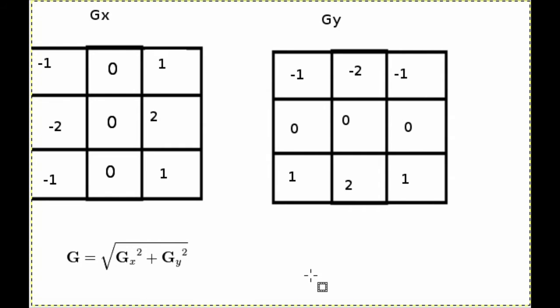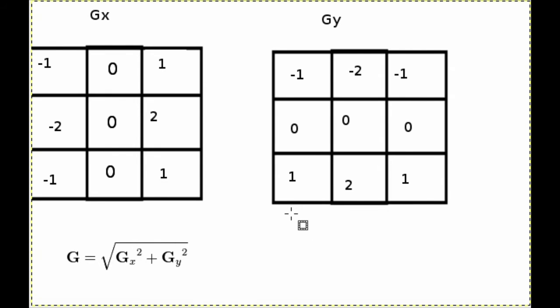Now, when I say intensities, it isn't really a meaningful term, because the Hough Transform usually just operates on binary images. So, in order to get a binary image from the image we want to compute the Hough Transform of, we will use the Sobel operators. This is what the Sobel operators look like.